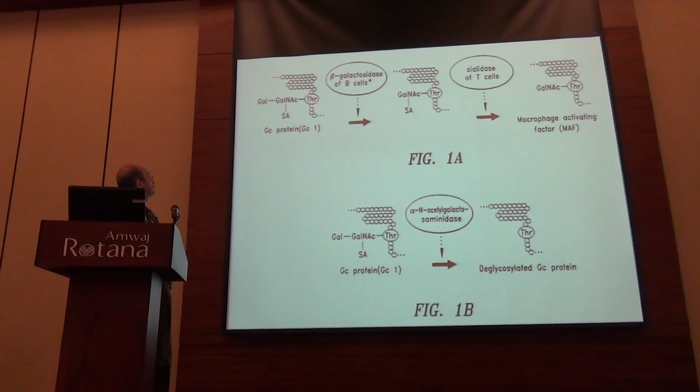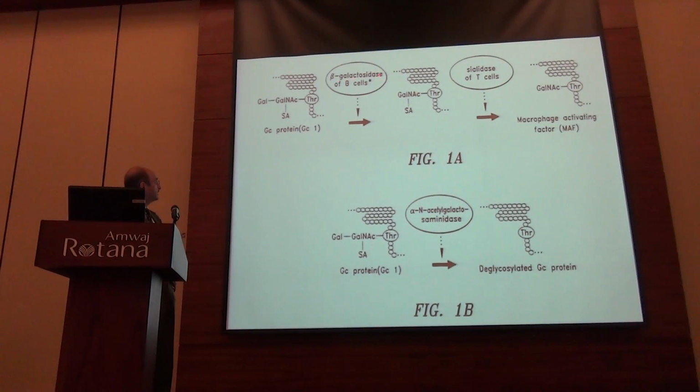This is the protein itself, and then this is the important one, the amino acid threonine. And here you have these sugars attached to it. This is the vitamin D binding protein. And sequence-wise, these two branches are clipped during a normal, healthy immune activation.